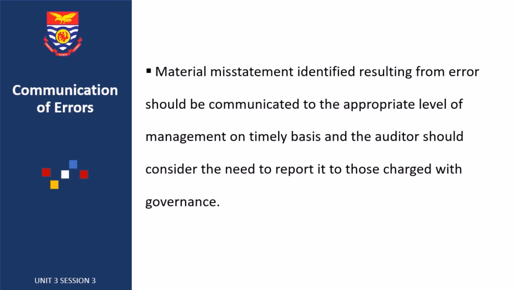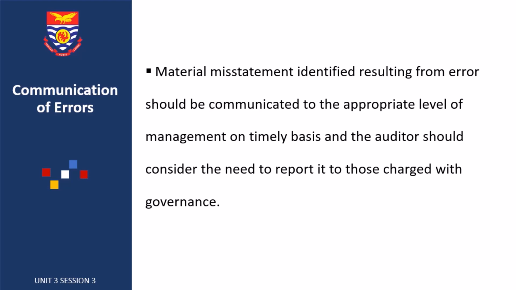Now, if you identify a misstatement, how do you communicate these errors to management? Where material misstatements are identified resulting from error, this should be communicated to the appropriate level of management on a timely basis, and the auditor should consider the need to report it to those charged with governance.